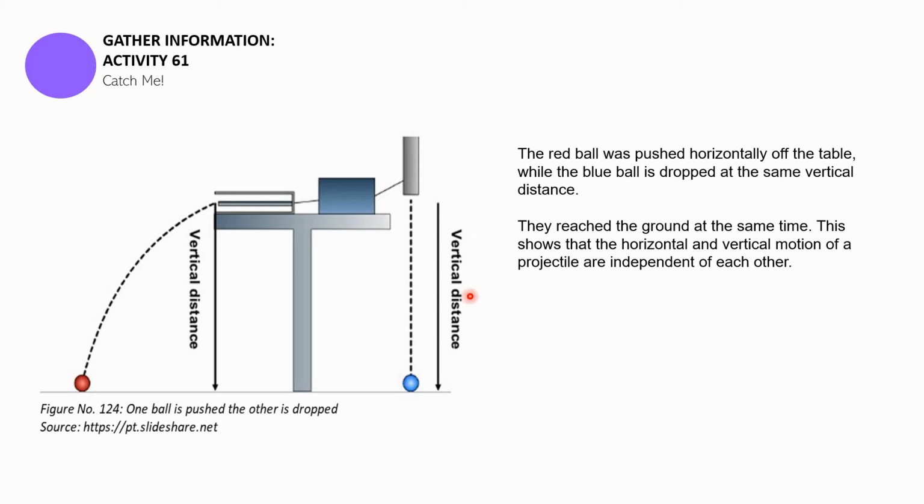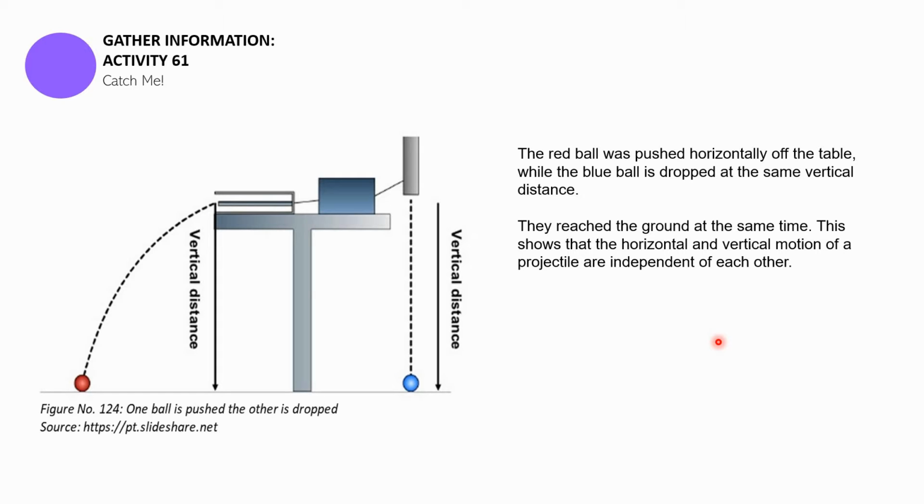It doesn't matter. What matters is that its horizontal motion and vertical motion are separate. They are not going to affect each other. Yung vertical motion ng isang ball, hindi siya affected by its horizontal motion. And they are, again, independent of each other.